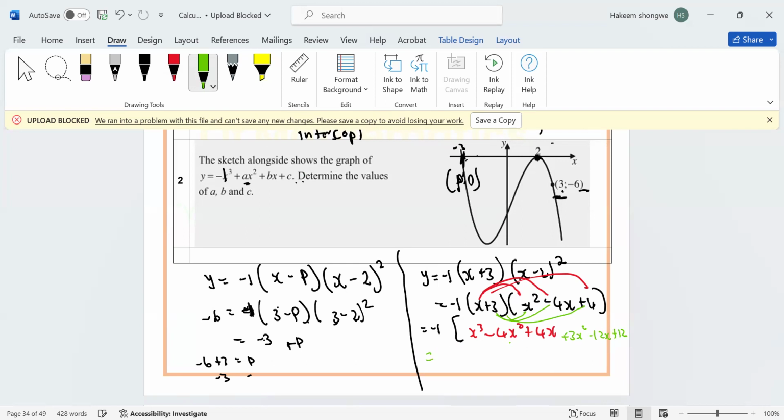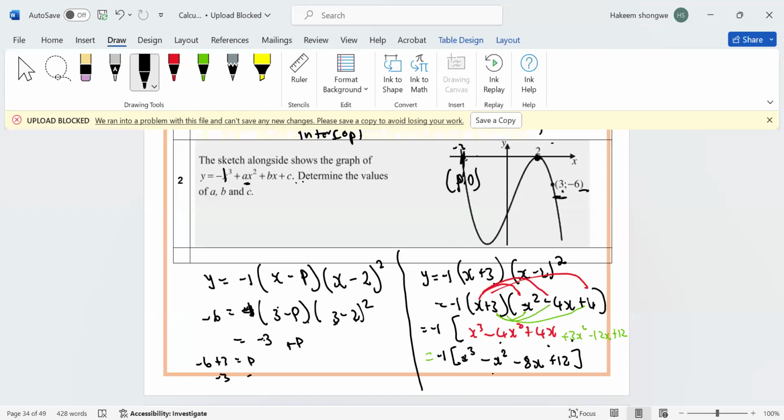And then after that, we have like terms. We have minus 1, which is outside. Bigger bracket. We have x cubed. This one and this one, they are going to give us minus x squared. This one and this one, they're going to give us minus 8x plus 12. Anything which is positive becomes negative.